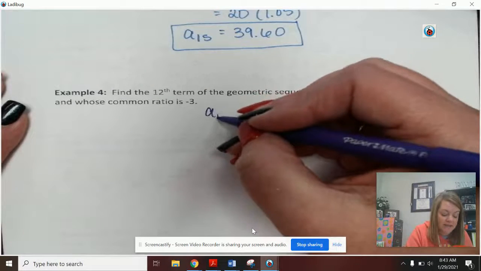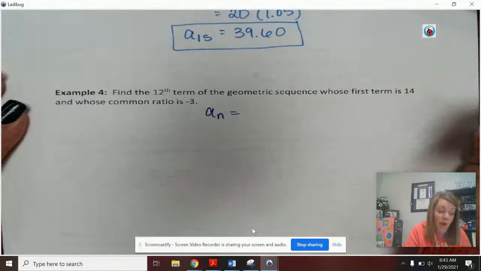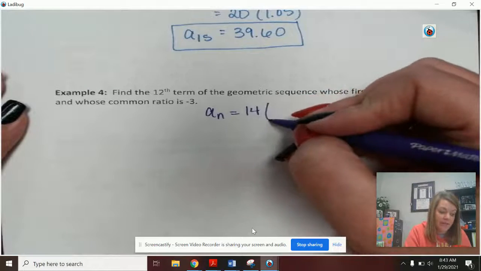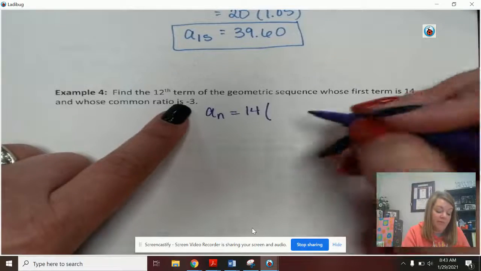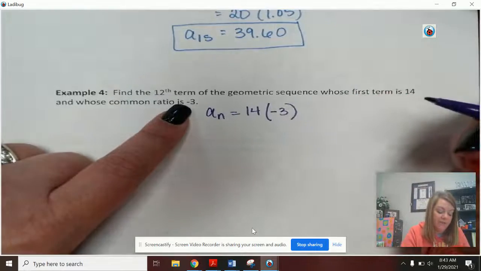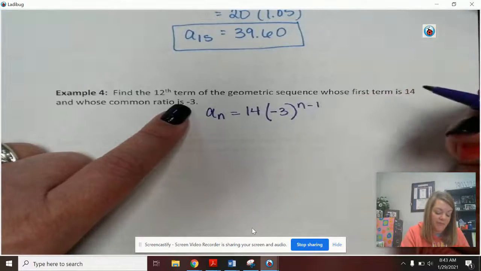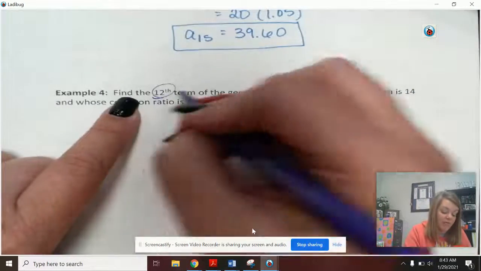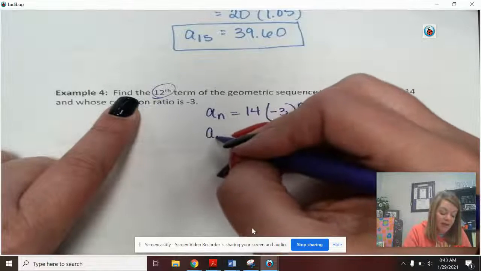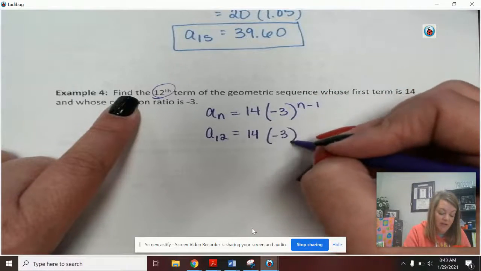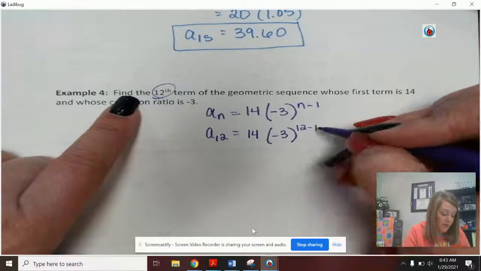So a sub n equals a sub 1, which in this case is 14, and then times my r, which my common ratio is -3. And then I raise that to the n minus 1. So I'm looking for the 12th term. So I'm going to find a sub 12 equals 14 times -3 to the 12 minus 1.